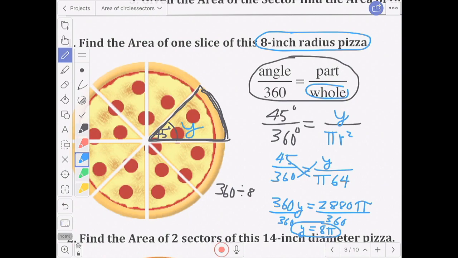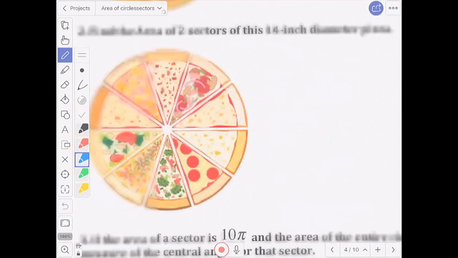And remember, pi is about 3.14. So pi times 8 would be about 3 times 8, or 24 square inches of pizza. In other words, it would be about 24 small bites of pizza in that one slice, which makes sense. Let's take a look at 2 more examples.